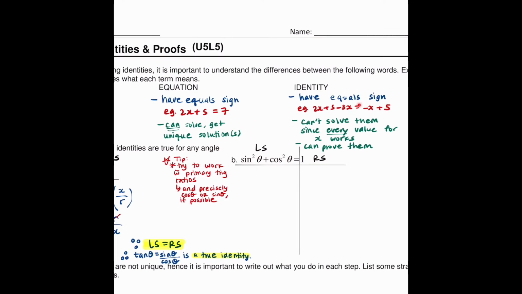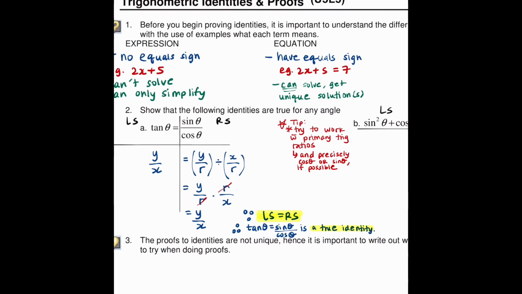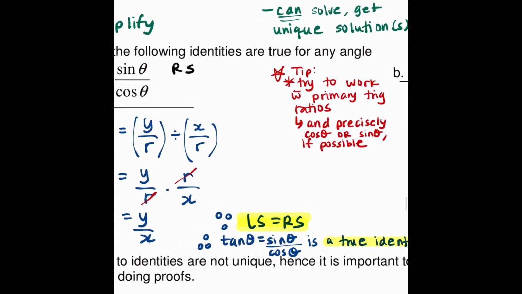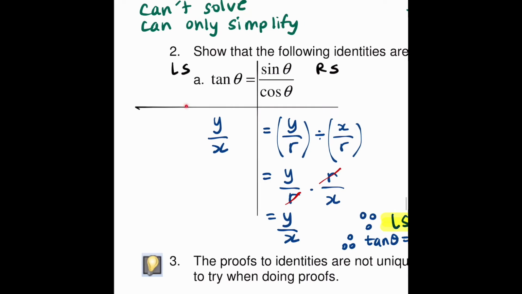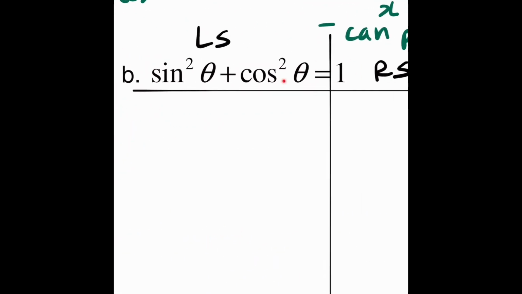Although you have the same equal sign when we're proving an identity, I drew these lines, and one reason is I can never move things around between these lines. It's like they do not know of each other. You have to treat it totally separately, like so, and separately, like so. So just make sure that the numbers are never, never, never going from one side to the other, okay? Treat it very separately.